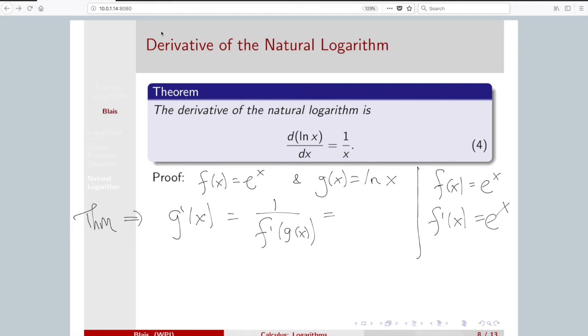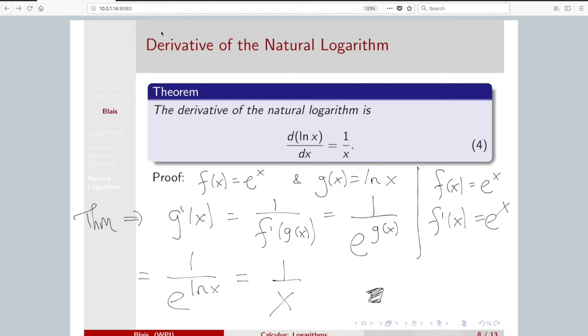So here, we can rewrite this as e to the g of x. When we feed g of x to f prime, that's plugging it in the power of e. G of x was natural log x, and because they're inverse functions, they undo one another. So we see, in fact, it is the case that the derivative of the natural log of x is 1 over x.